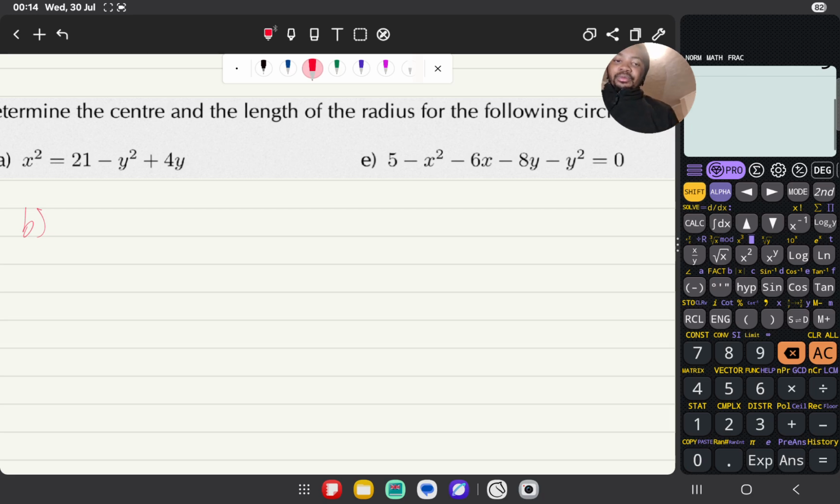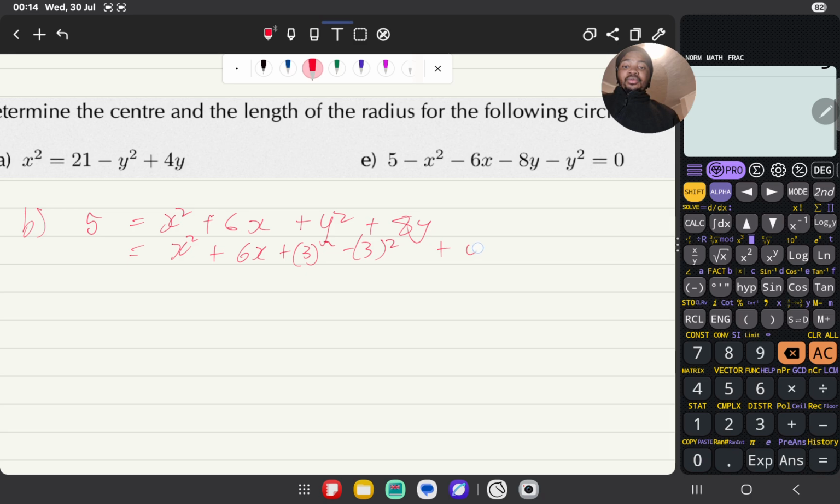Or maybe let me, yeah, I'm going to have 5 equals x squared minus 6x plus, it can't be minus, so it's going to be plus, and then plus y squared plus 8y, so everything is going to be plus. Then you do your completing squares thing. You divide the number by 2, you get 3, so therefore you're going to get 3 squared minus 3 squared.